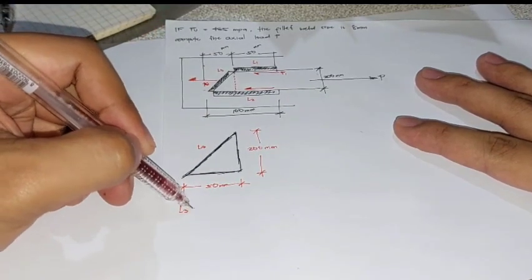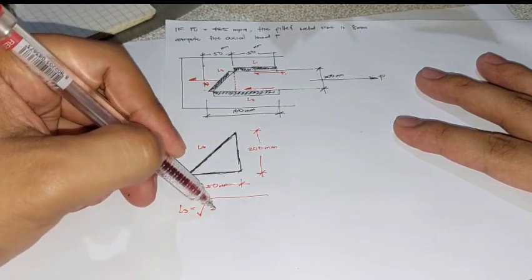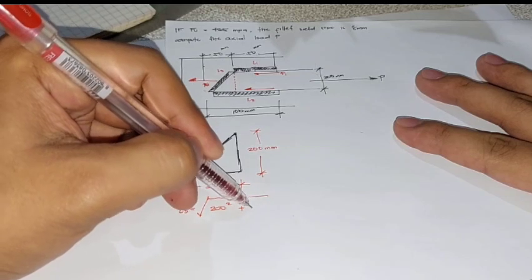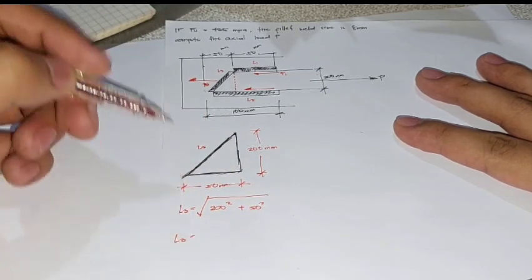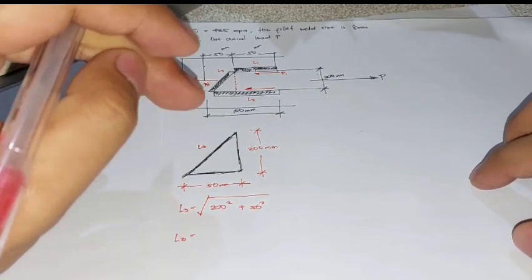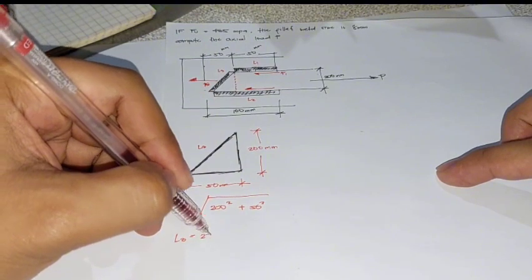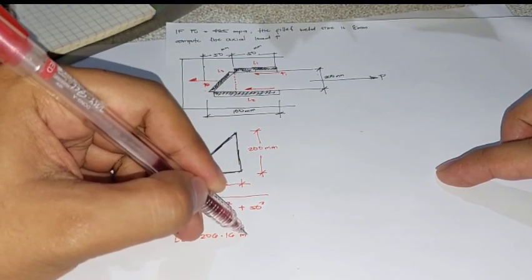use Pythagorean. Square root of 200 squared plus 50 squared. L3 is 206.16 mm.